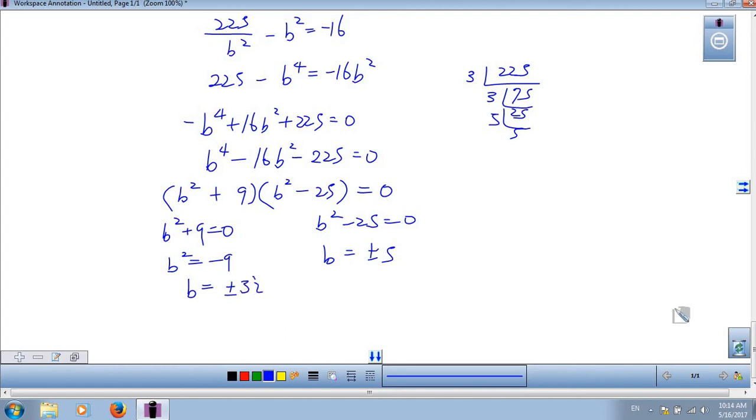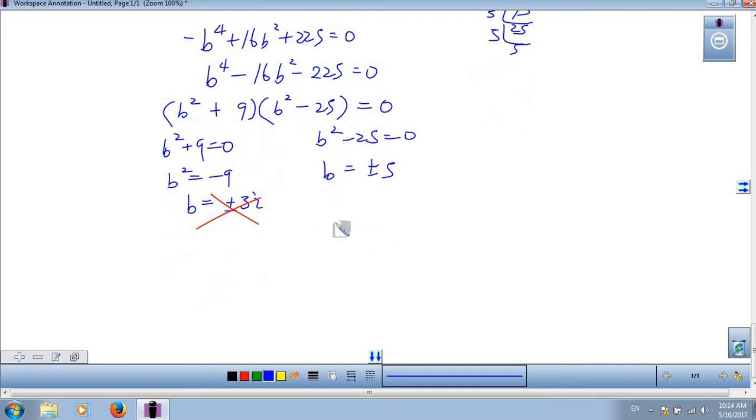Now however, we remember that a and b represent real numbers only. So we are not going to take these i solutions. B cannot be a complex number in this case. B has to be a real number, which is plus or minus 5. So ab is equal to 15, right? If b is equal to plus or minus 5, then a has to be equal to plus or minus 3.